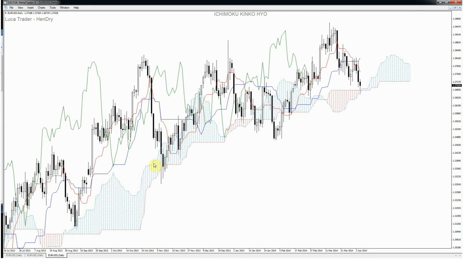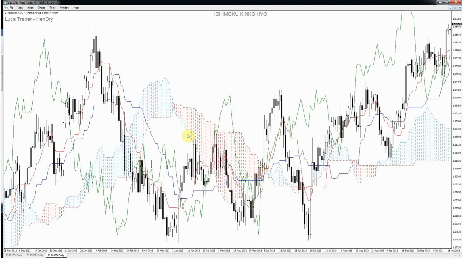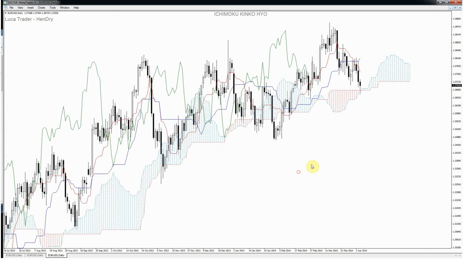The same thing goes for the bearish market. If both of them are pointing downwards in a bearish Kumo cloud, it indicates a strong bearish, hitting the bulls. This is similar to that. So that's how we determine the sentiment, the strength of the bullish or bearish, by using the Kumo cloud.